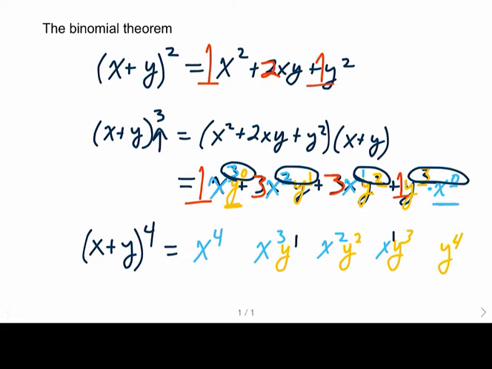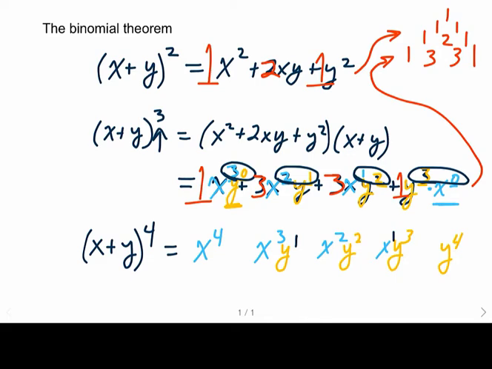And if you paid attention to Pascal's triangle, then we would recognize that the coefficients in the expansion of x plus y the quantity squared are the same as the entries in row 2 of Pascal's triangle. Remember, we start counting at 0. Likewise, for x plus y the quantity cubed, the coefficients are the third row, or row 3, of Pascal's triangle.